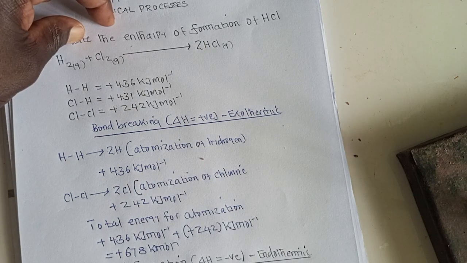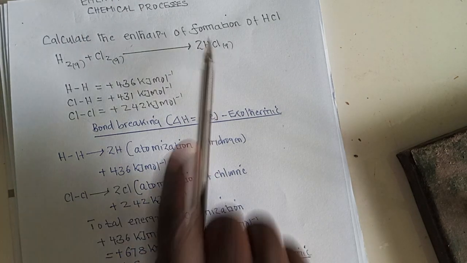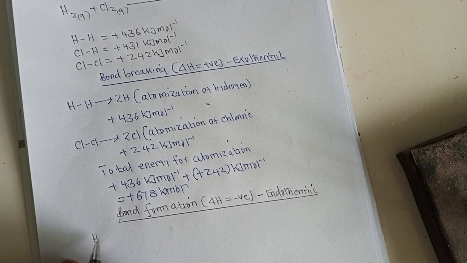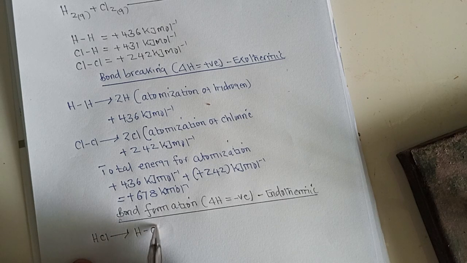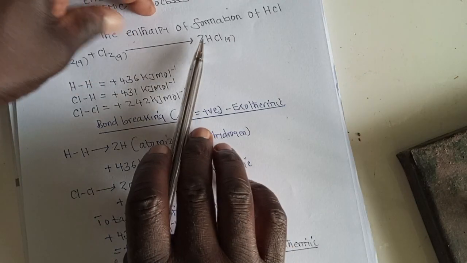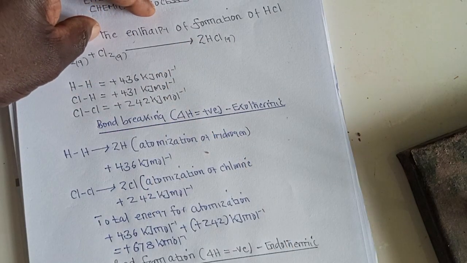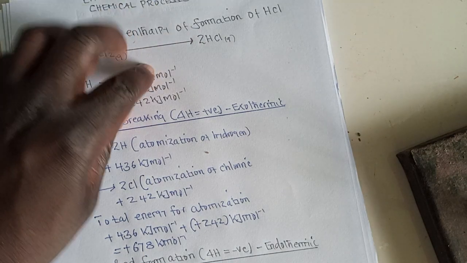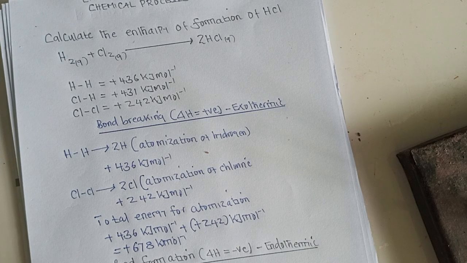So what do we have on the product? Hydrogen chloride. Hydrogen is bonding with the chlorine. So we have only one bond here, but from the reaction we have 2 moles of hydrogen chloride.